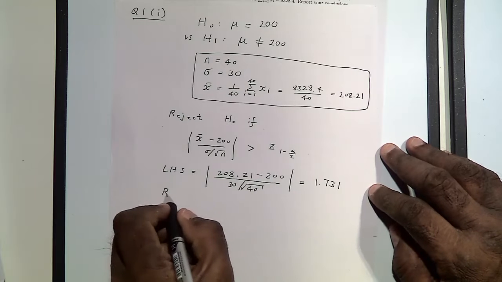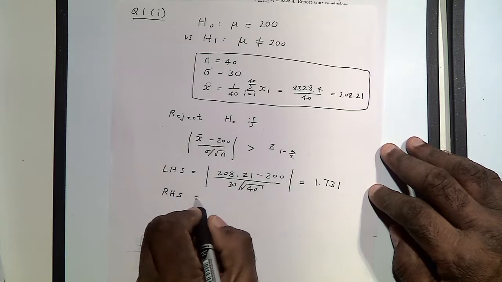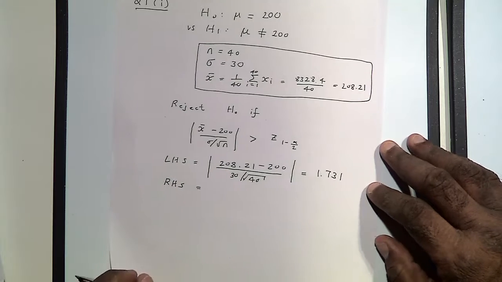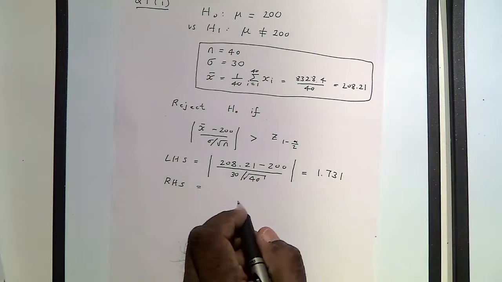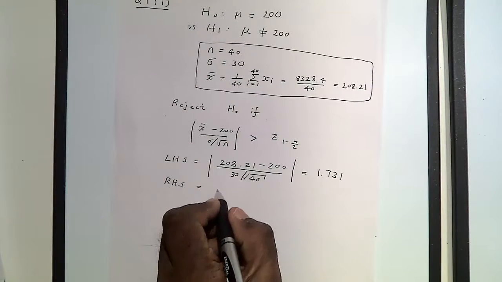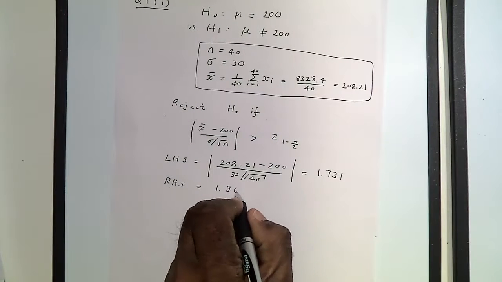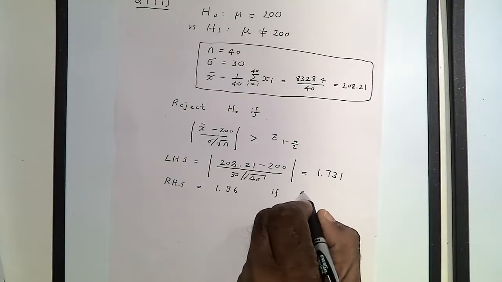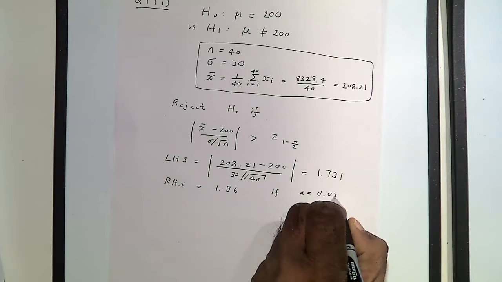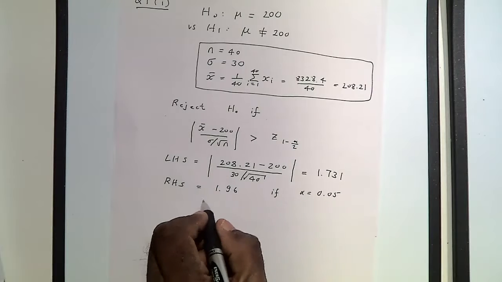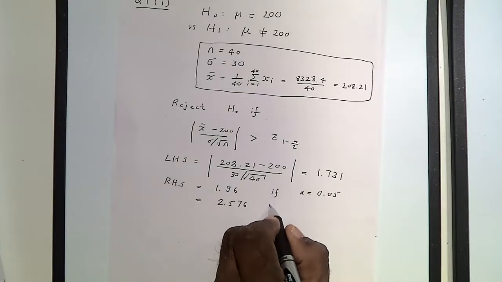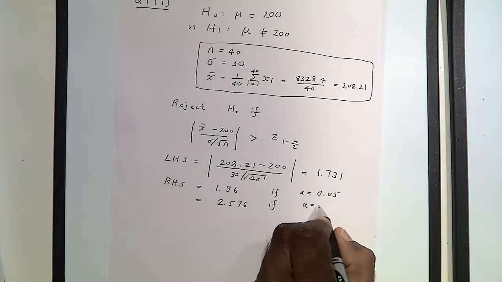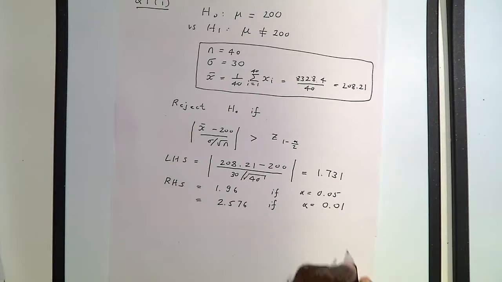For the right hand side, it depends on alpha. If alpha is 0.05, then this is 1.96, and this is equal to 2.576 if alpha is 0.01.